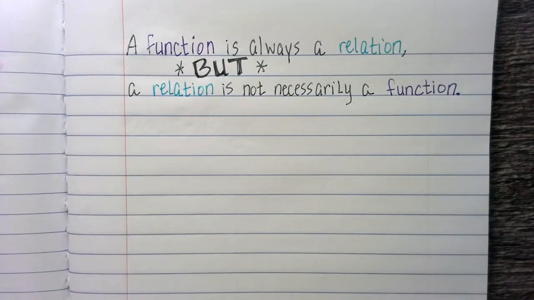Something we're going to just address quickly is the following. A function is always a relation, but a relation is not necessarily a function. So if you're in Algebra 2 and you took geometry last year, or maybe you're just familiar with geometry concepts, can you think of something from geometry that had a similar, no pun intended, relationship?